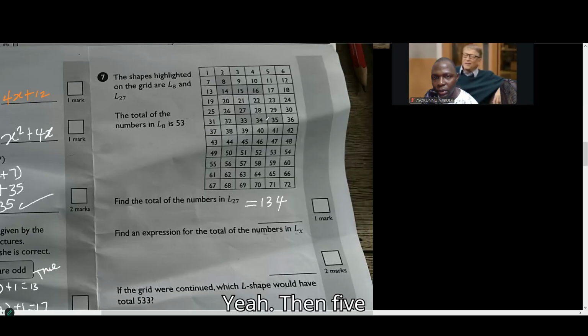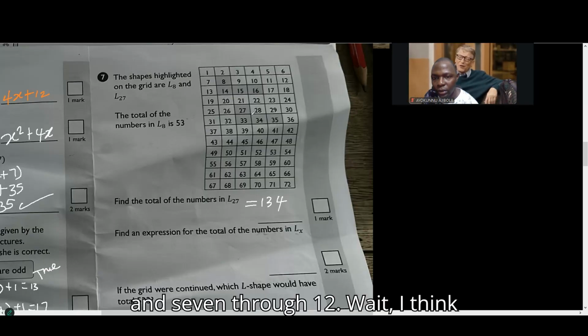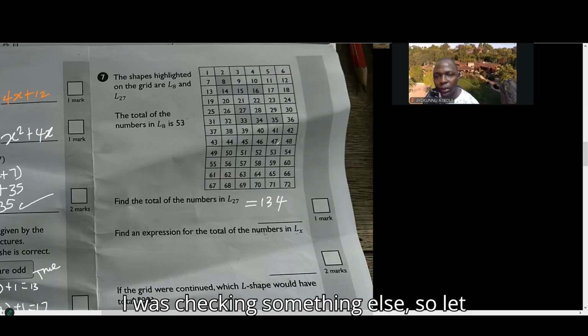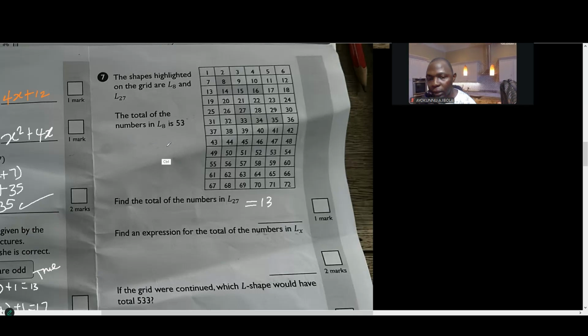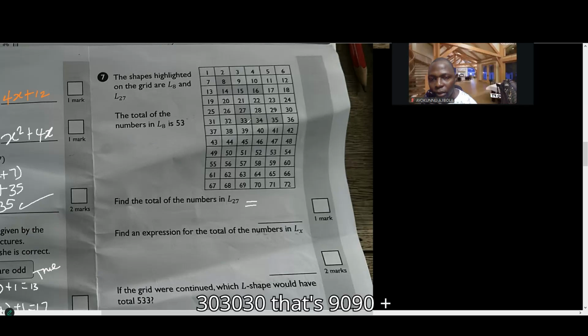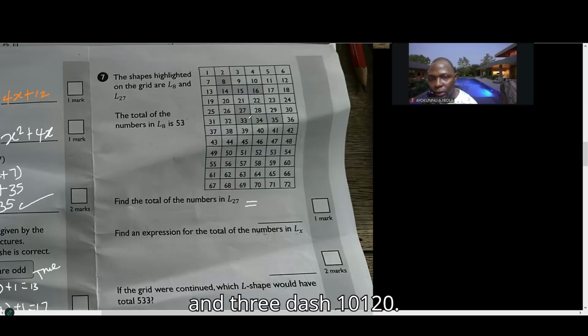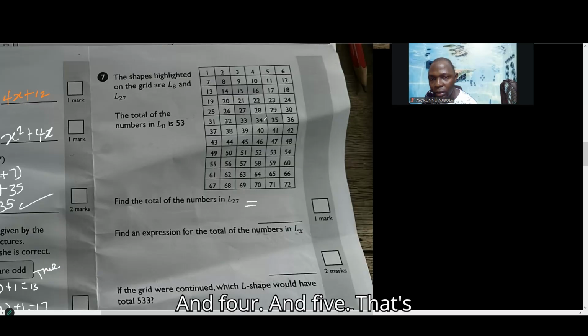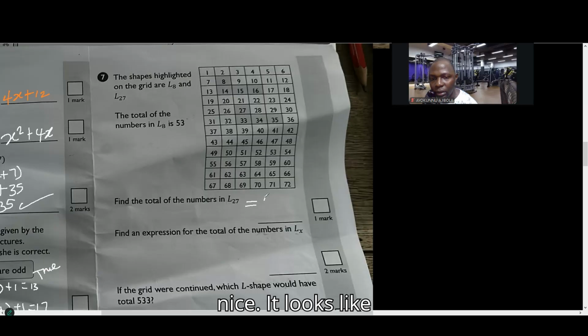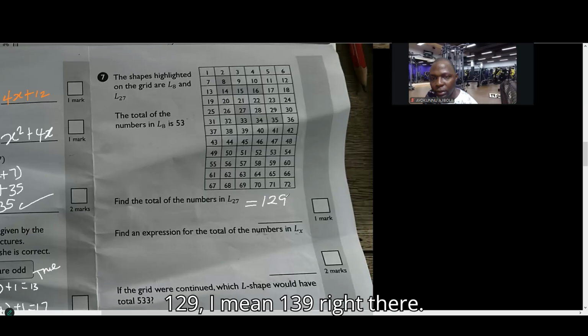Then 5 and 7 should be 12. Wait, I think I was checking something else. So let me check it again. 30, 30, 30, that's 90. 90 plus 20 is 110. 7 and 3, that's 10. 120. And 4 and 5, that's 9. It looks like 129.